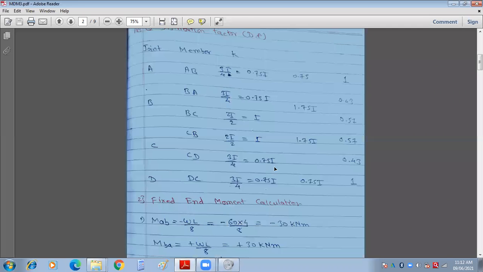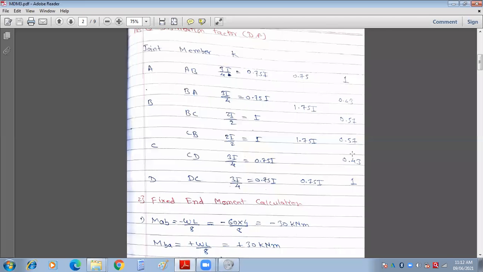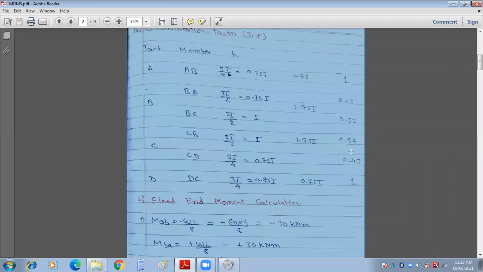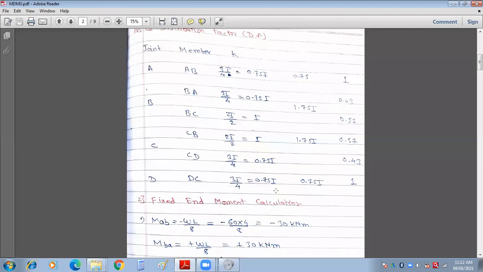Therefore this value is 0.75. You will get the same distribution factors as for joint B. Similarly, for joint D also, you will get the same distribution factors. This is the very first step, to find out the distribution factors.